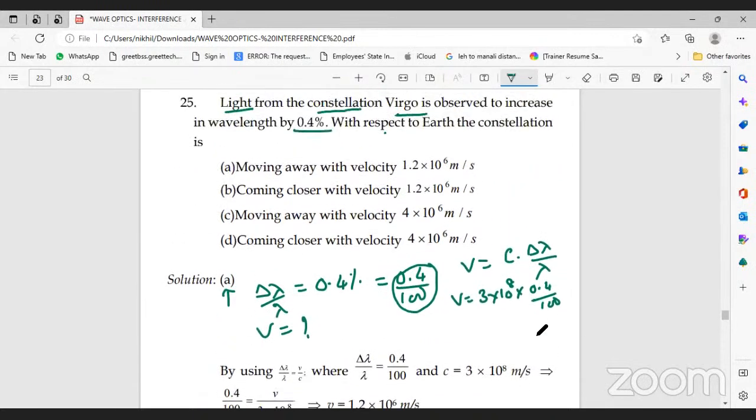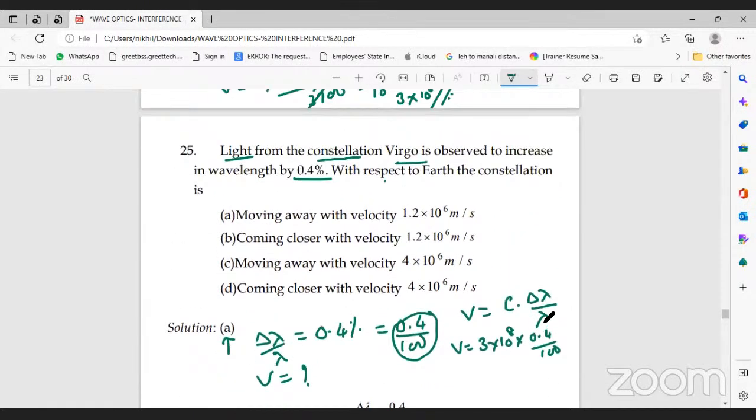How much did you get? 3 into 0.4 is 1.2. 10 power 8 by 10 square means 10 power 6, no? So it should be 1.2 into 10 power 6.